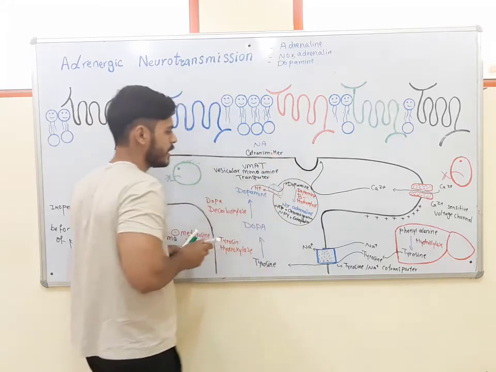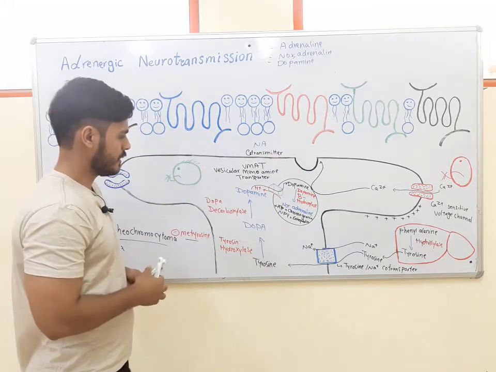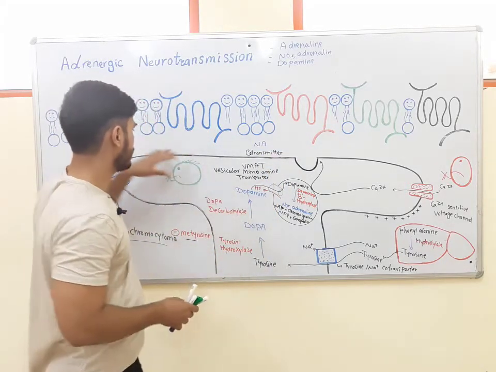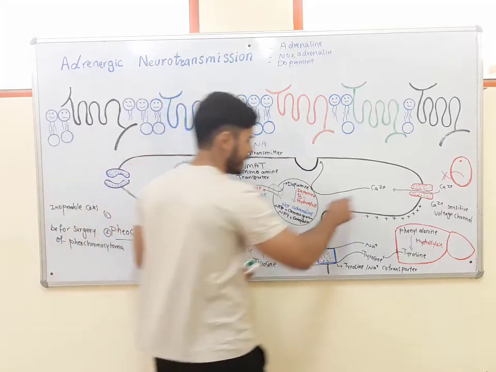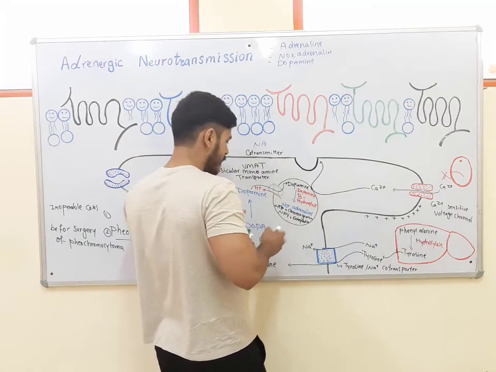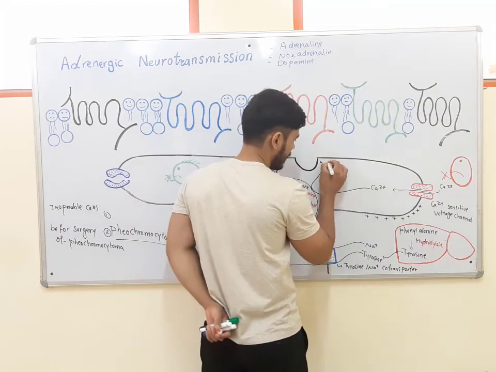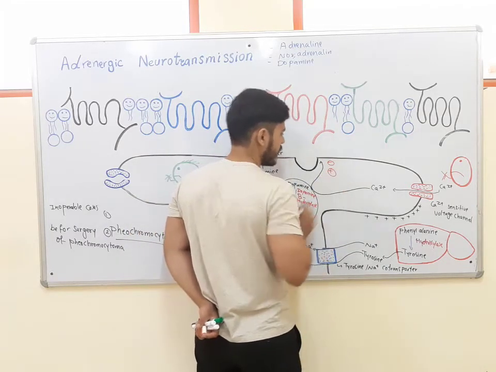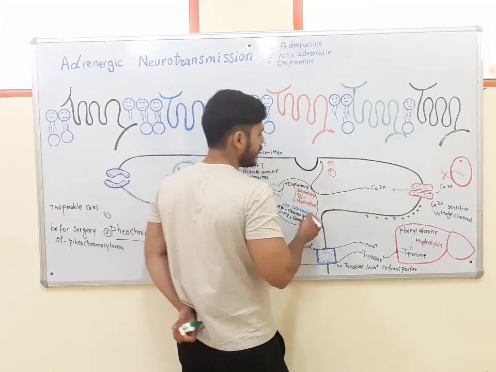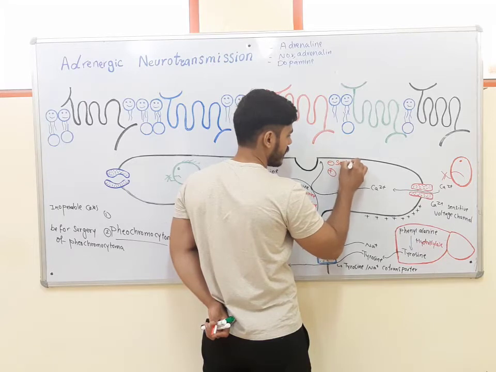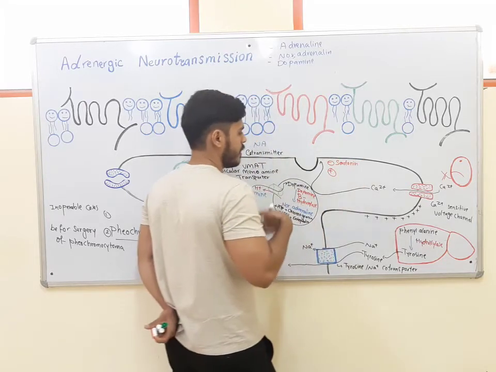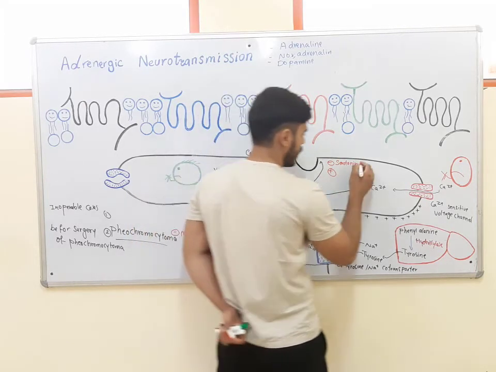This was about releasing of noradrenaline and co-transmitters into the synapses, which is mediated by calcium. We have some releasing inhibitors and releasing stimulators. The releasing inhibitors, for example, serotonin, can inhibit releasing of noradrenaline into the synapses.